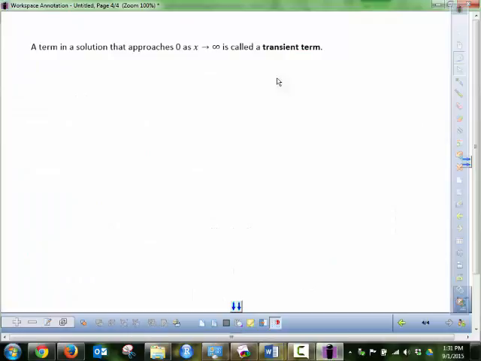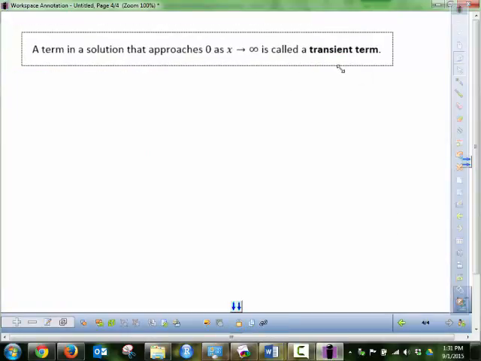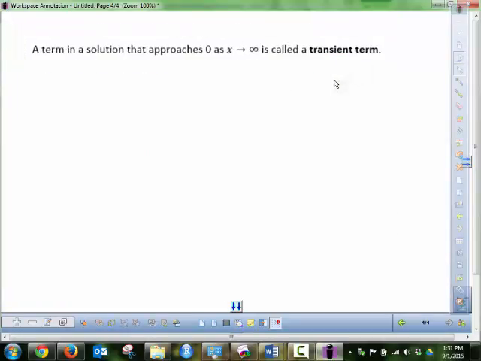So if you have a solution, your solution has several terms in there. If any one of those terms goes to 0 as you go off to infinity, then it's called a transient term.